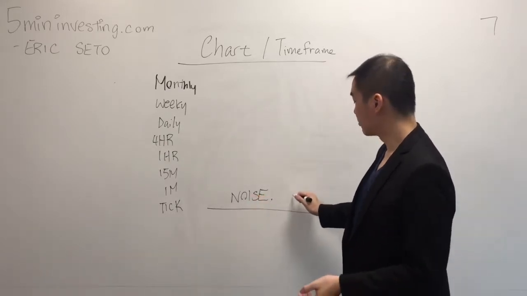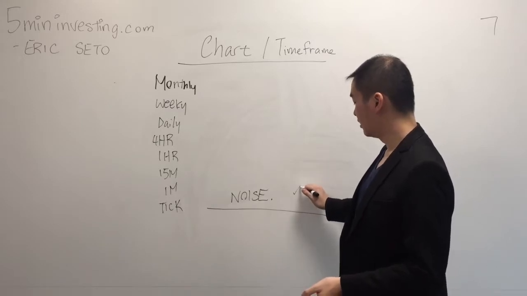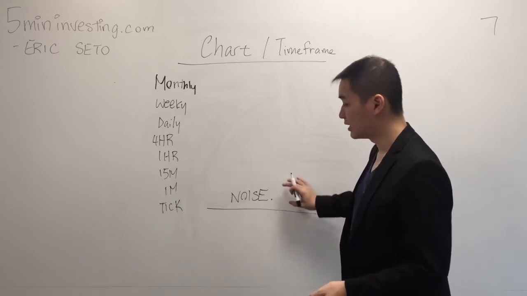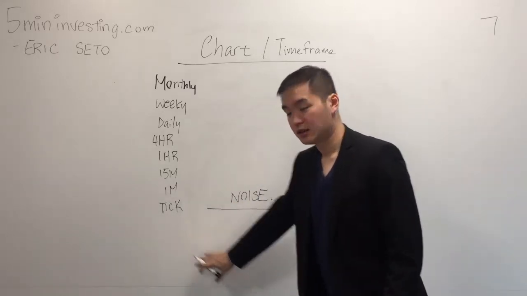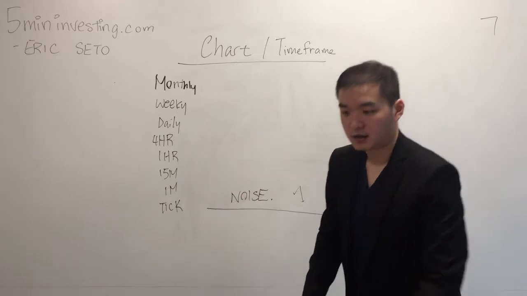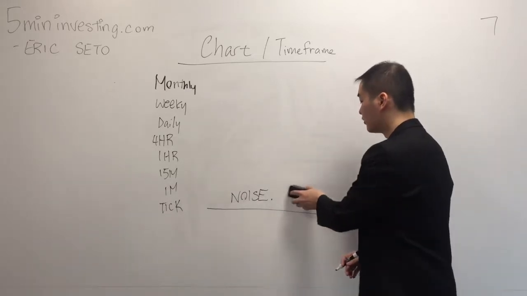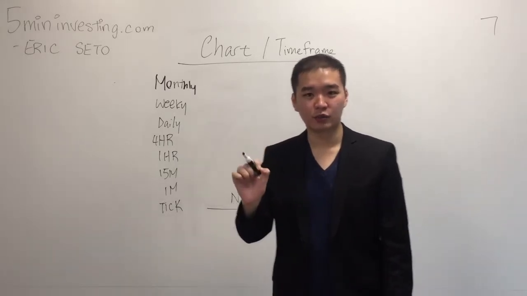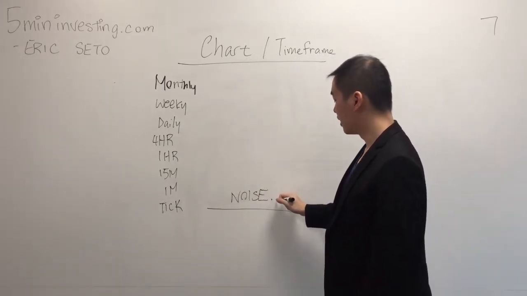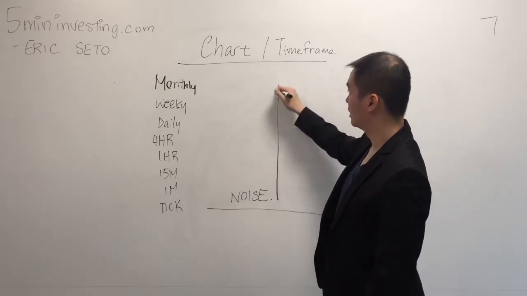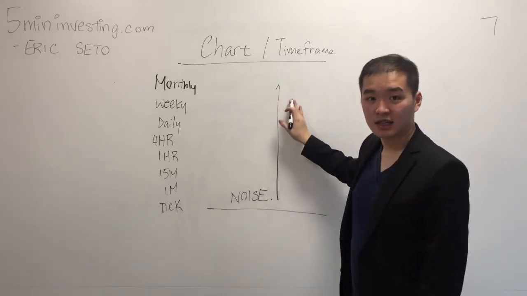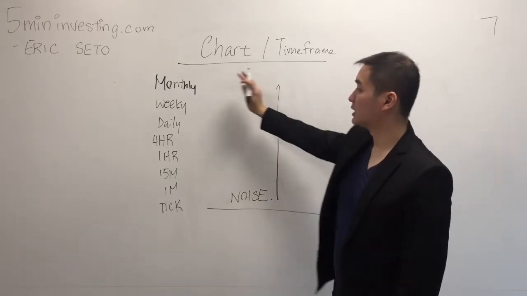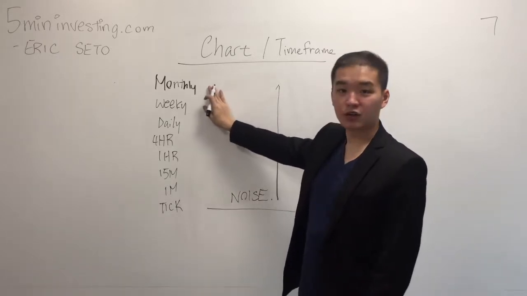That will lead the price to inch up or inch lower slowly. And this will influence the tick chart. And this is noise because it's not really significant enough to move the market, it's just small fluctuations. So as you go up, it becomes less noisy. And when you're looking at trend, the higher you go, the better the trend is.